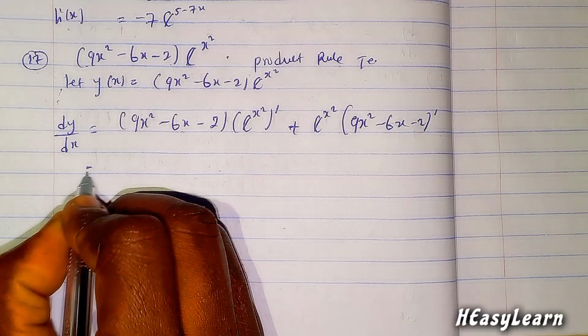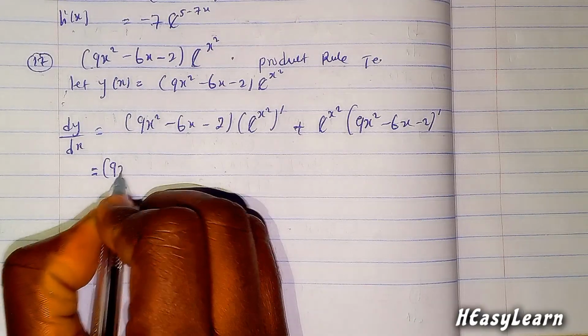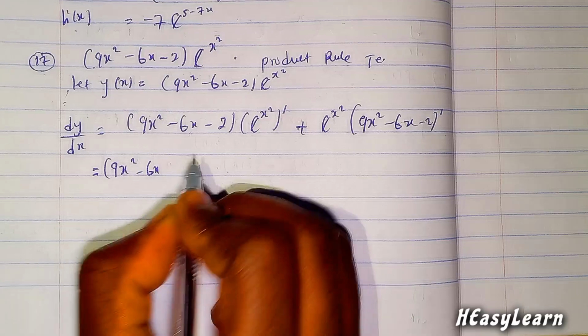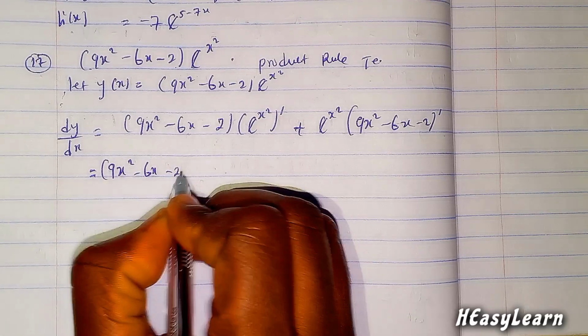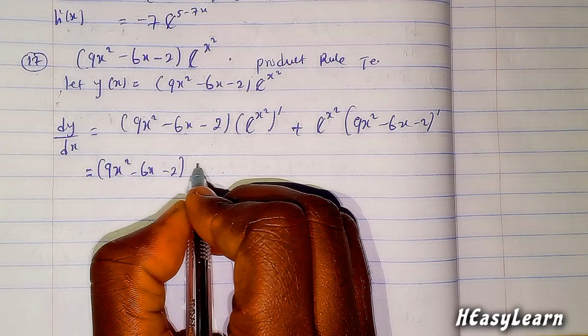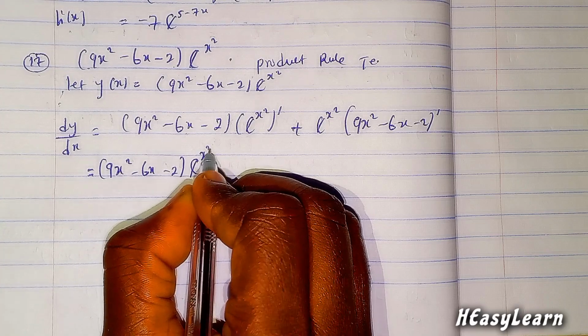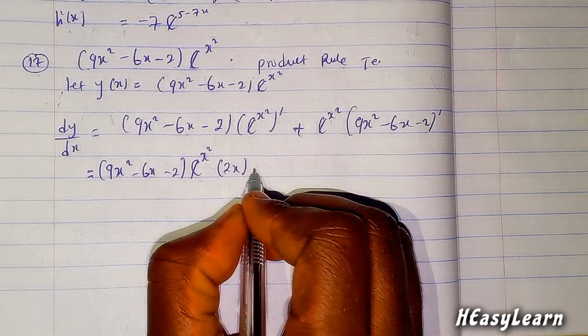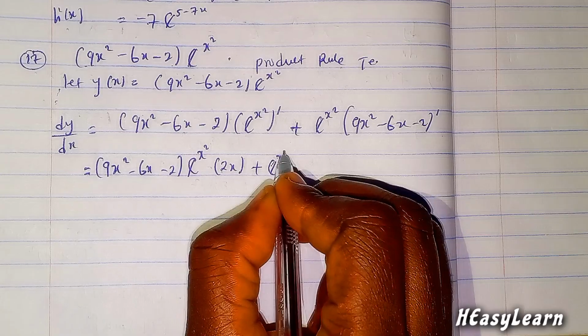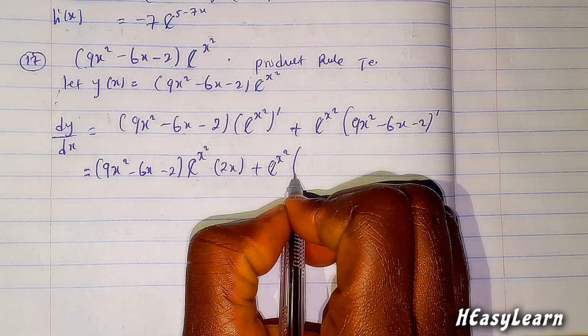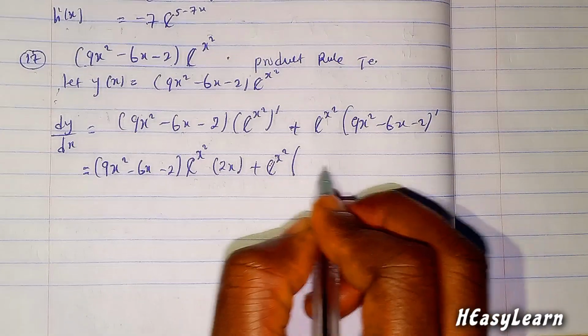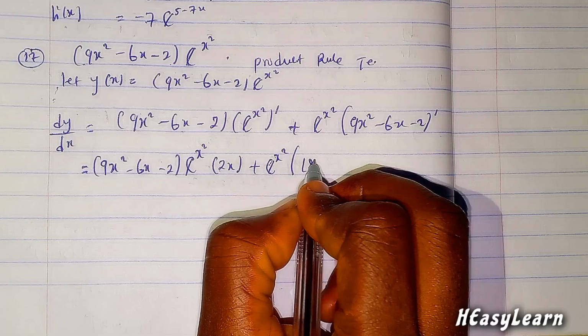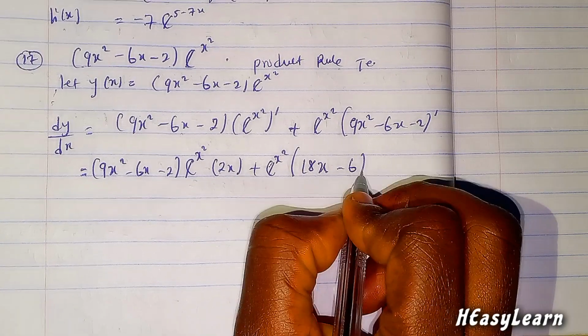This is the same thing as 9x squared minus 6x minus 2. How to differentiate an exponential function is keep the function multiplied by the derivative of the power, plus exponential x squared. What is the derivative of this function? Differentiate term by term: 18x minus 6.